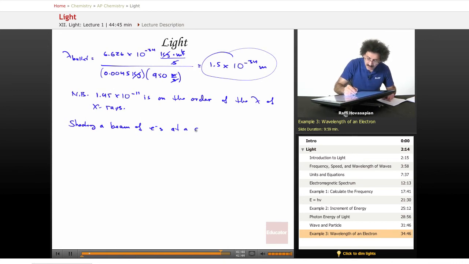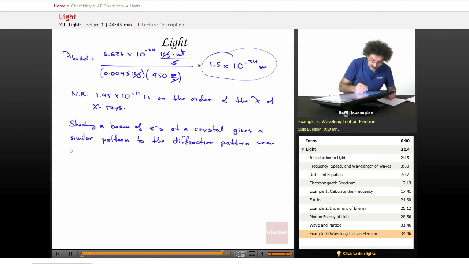at a crystal gives a similar pattern to the diffraction pattern seen when X-rays strike the crystal.